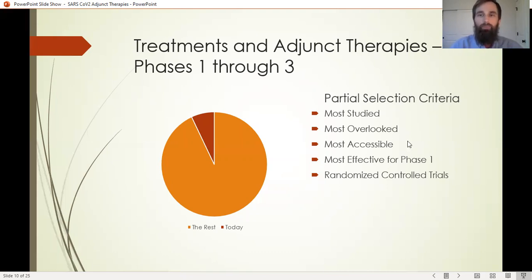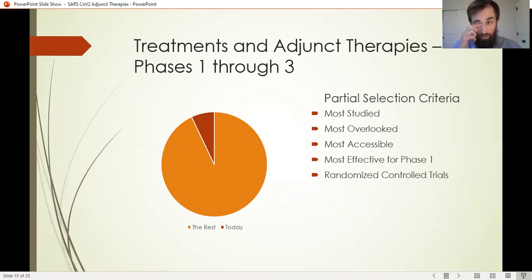Also, the other selection criteria, they are most effective for phase 1. So a lot of the things that we're going to look at are not what you would want to be using in phase 2 or phase 3, because the priorities of care change when your lungs are not working and so forth.